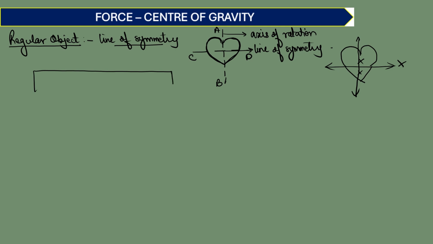Let us take another regular object, a scale. Let us take a meter scale. Now let's say this is a 1 meter scale. What does it mean to be a 1 meter scale? It will have calibrations of 0 centimeter to 100 centimeter, isn't it?